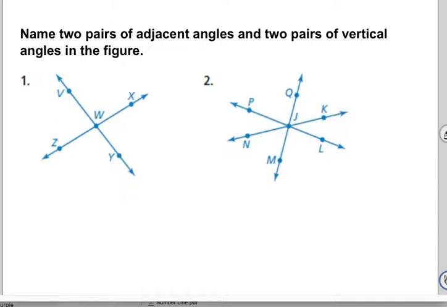Let's do it first. Adjacent. That's one pair.